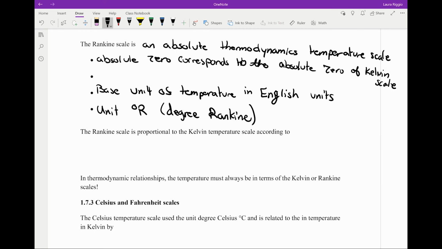So to convert from the Kelvin scale to the Rankine scale, your temperature in degrees Rankine is equal to 1.8 times your temperature in Kelvin.